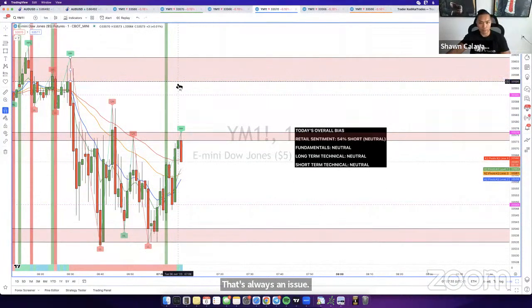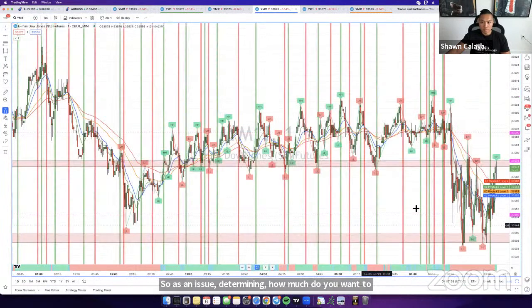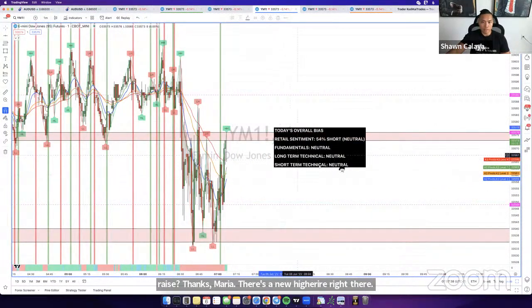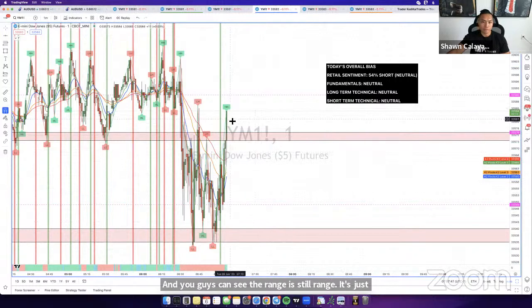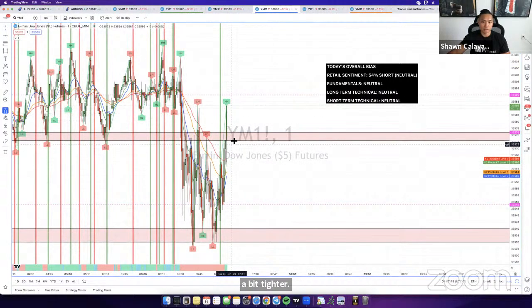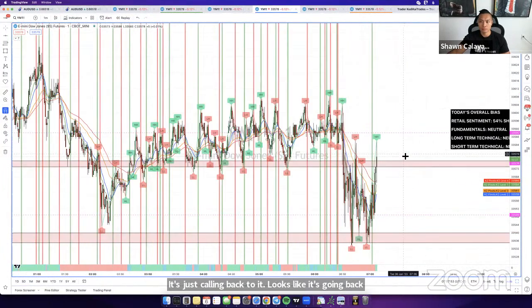Thanks, Maria. There's a new higher high right there. I'm going to bring this in a little tighter, and you can see the range is still a range, just a bit tighter. Price is now pushing up, and it looks like it's going back to opening price or somewhere around there. Where is opening price?